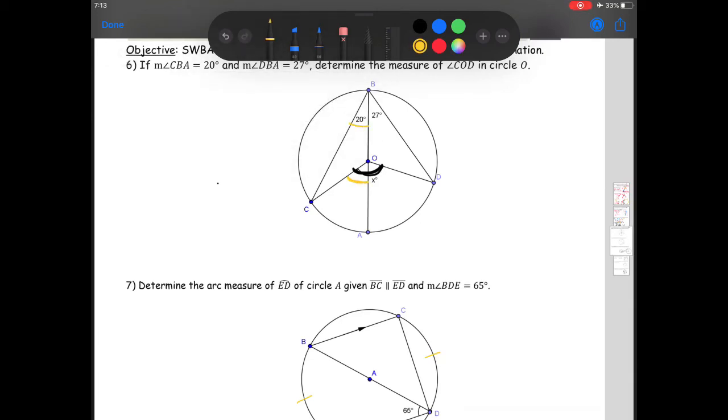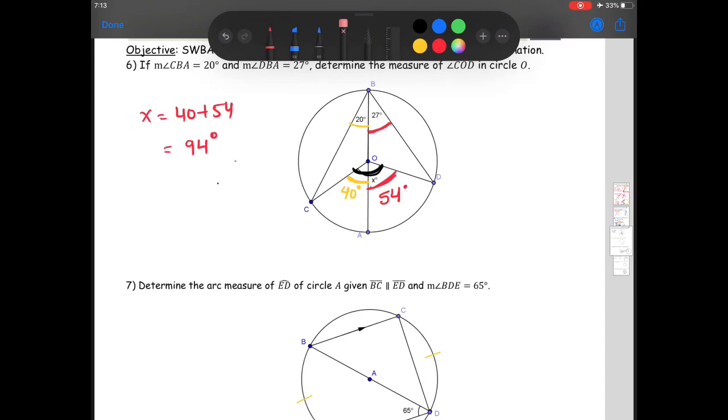We know that the central angle is double the inscribed angle. So this would be what? 40, right? If this is 27, this is going to be double of 27, which is 54, right? So my x is going to be 40 plus 54, which is 94 degrees.